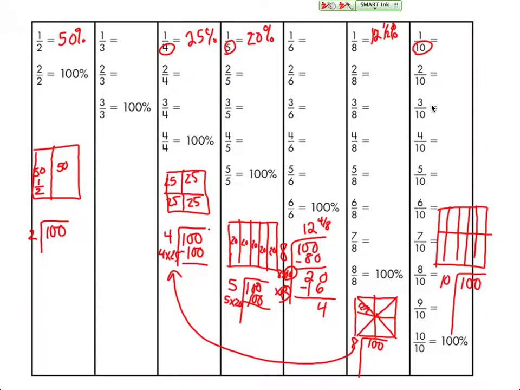What's 100 divided by 10? 10 times what gives me 100? Ernie? 10 times 10 gives us 100, and I'm left with nothing. So each part is 10%. So we've come up with the percentages for 1/2, 1/4, 1/5, 1/8, and 1/10.